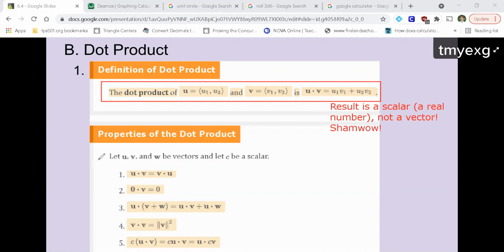These down here, again, you can write, you don't have to. But here are the properties that come along with dot products. It is commutative.